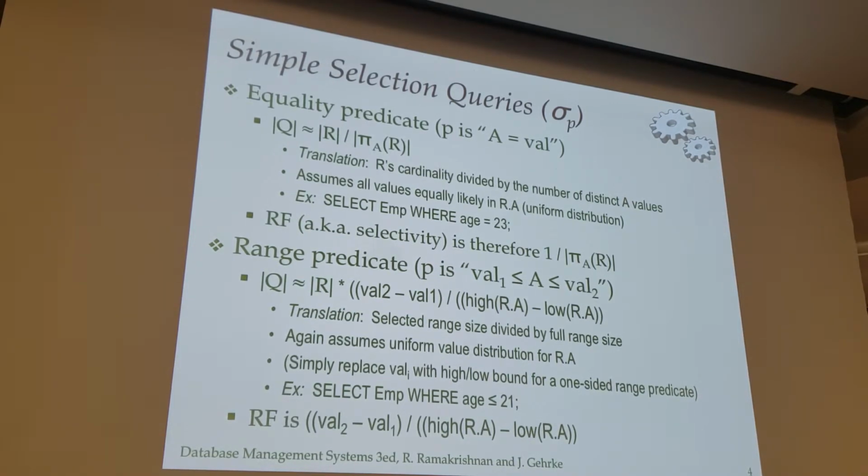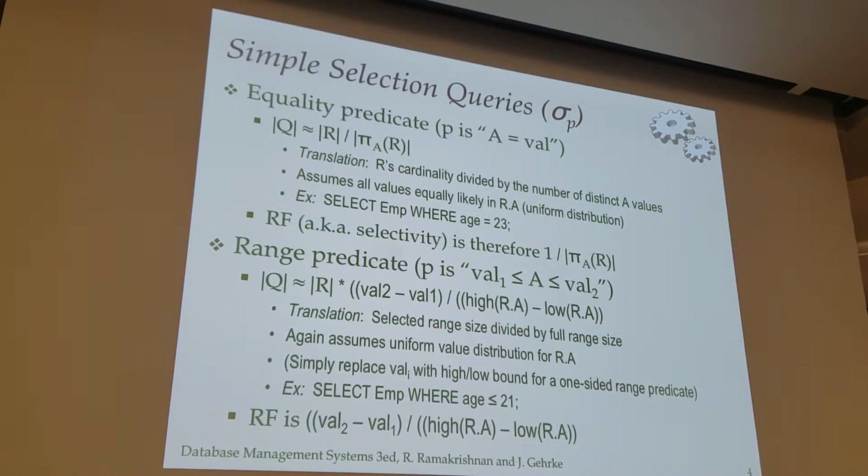So assume that you have an equality predicate, the term P is attribute A equal to some fixed value, val, or some expression value. And by the way, if you have a predicate A1 equals A2, and you already have A2 from a different table, then it's the same deal. Once you have your hands on a tuple, then A1 equal to that tuple's value is the same as having a constant.